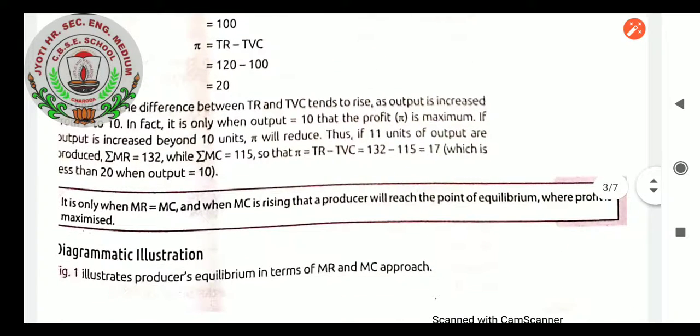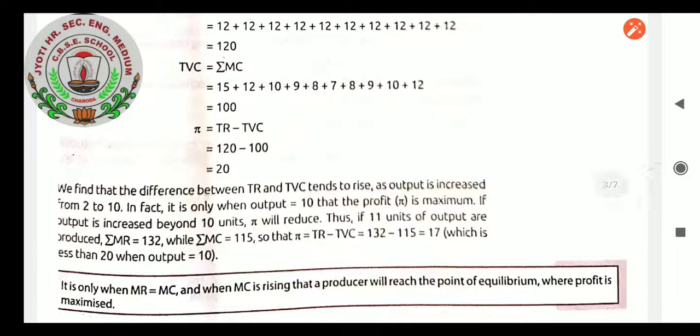We find that the difference between total revenue and total variable cost tends to rise as output is increased from 2 to 10. In fact, it is only when output equals 10 that the profit is maximum. If output is increased beyond 10 units, profit will reduce. Thus, if 11 units of output are produced, the sum of MR equals 132, while the sum of MC equals 150.